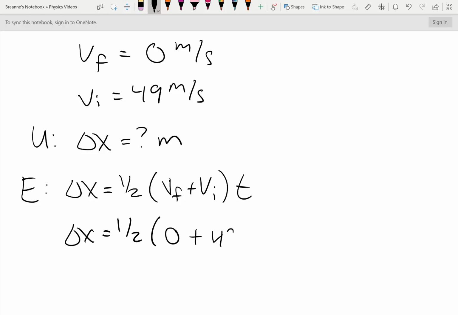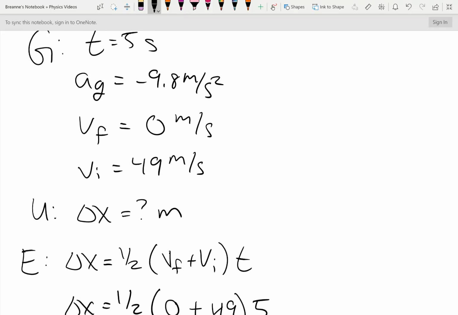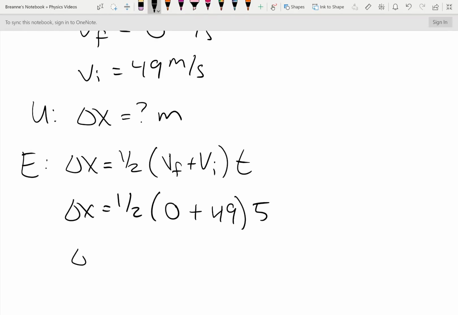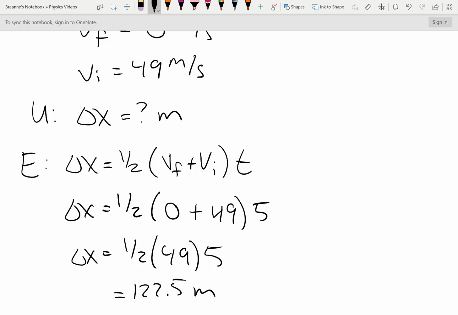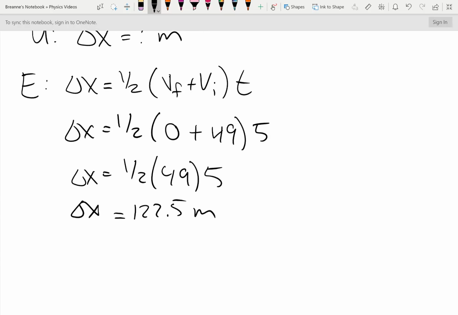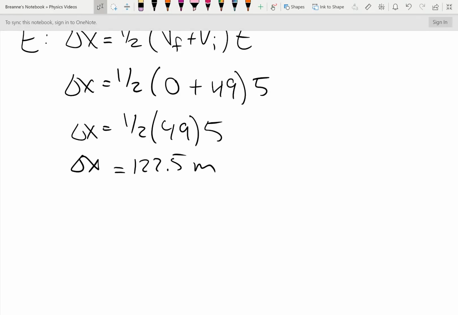Your initial is 49. And your time is 5. Plus 0 plus anything gives you the same number. Now you can just multiply across. And you get 122.5 meters. And that is your answer.